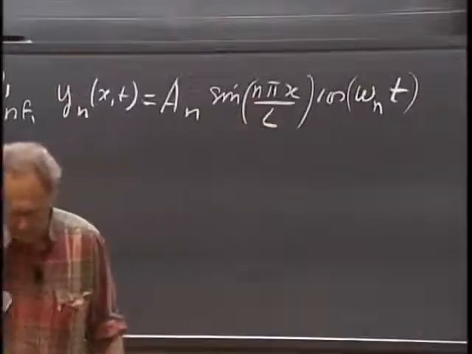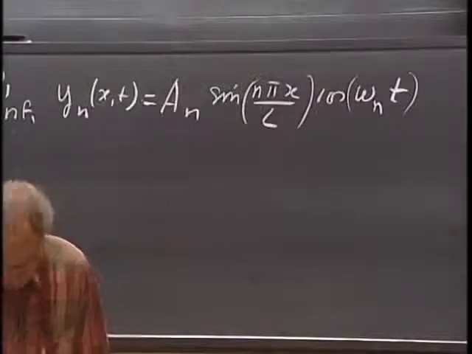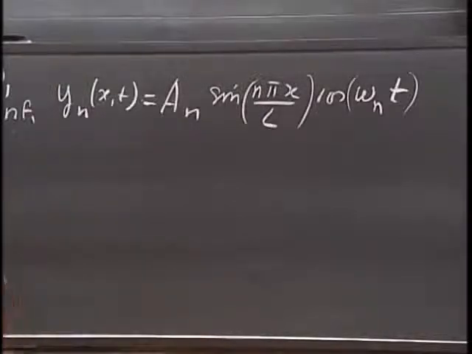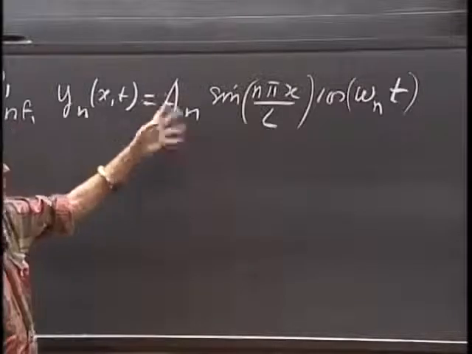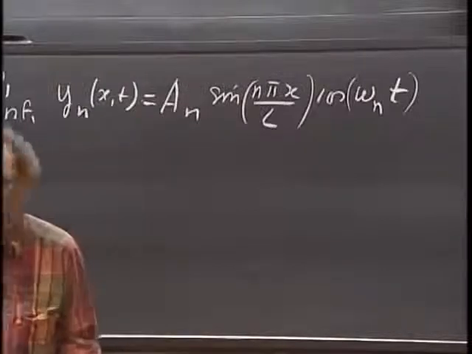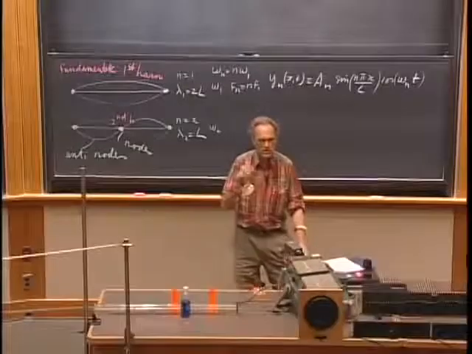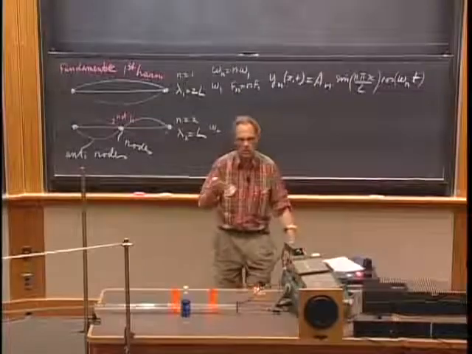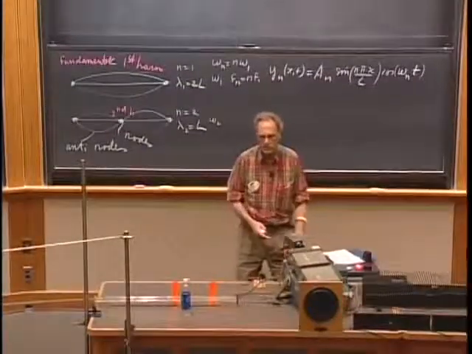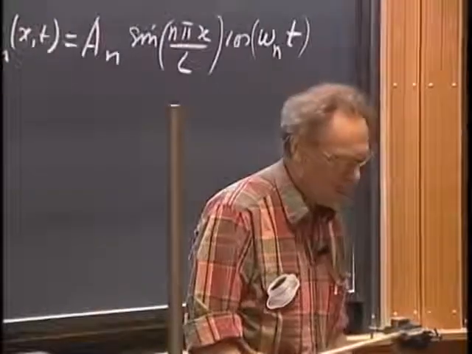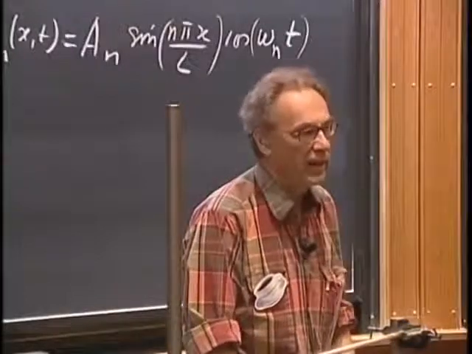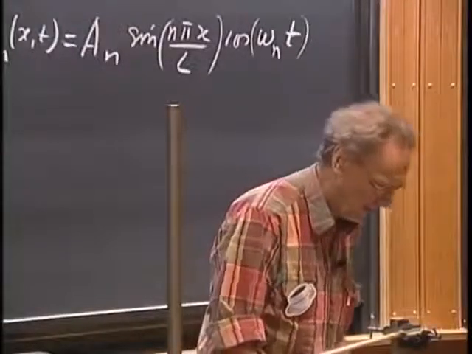That then meets the boundary conditions for two fixed ends. And any linear superposition, any combination, of various values of n and various values of a will satisfy the wave equation. So this string can simultaneously oscillate in a whole series of these normal modes. And when we do music next Thursday, you will see that actually. I will demonstrate that to you.